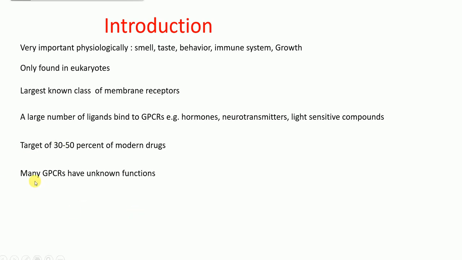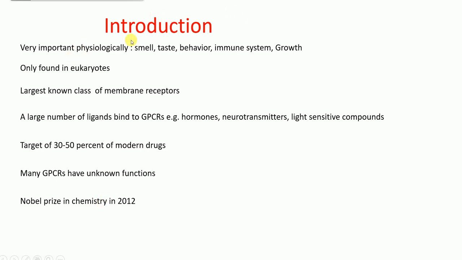Another important thing I want to add here is that many G protein coupled receptors have unknown functions, and these functions are yet to be determined. In fact, the Nobel Prize in Chemistry in 2012 was awarded for work on G protein coupled receptors.